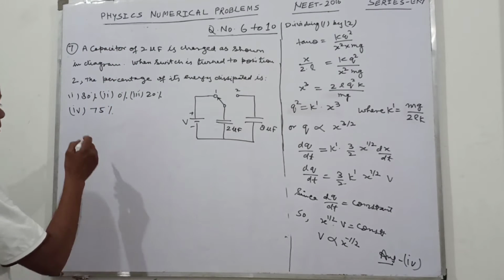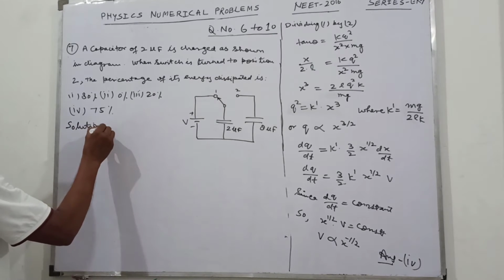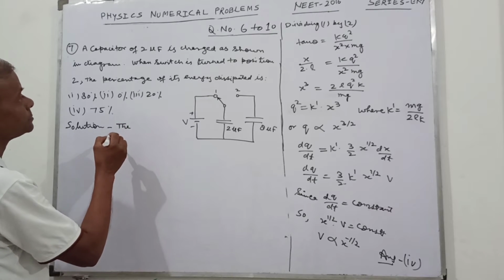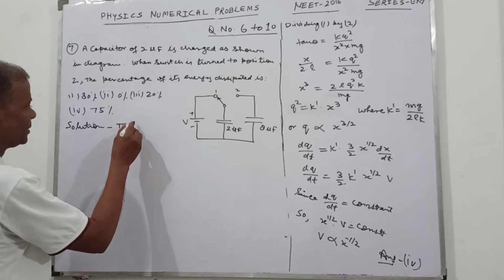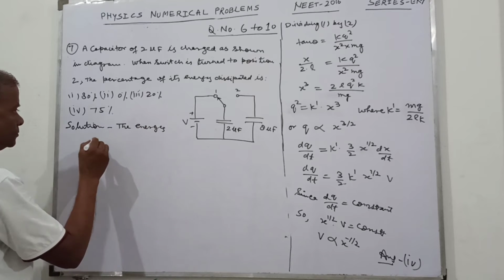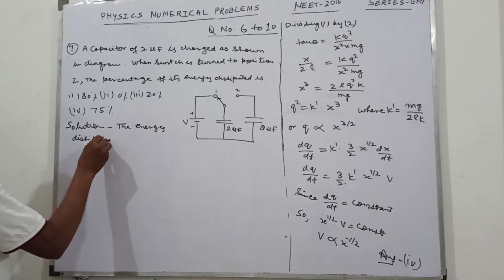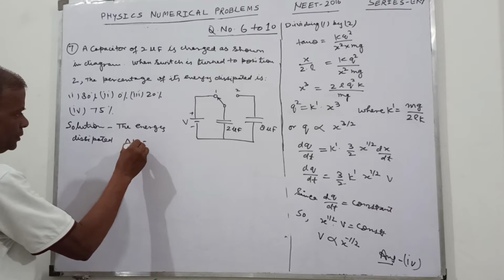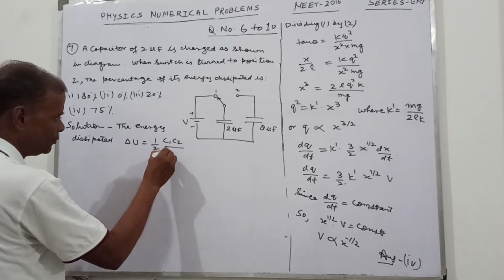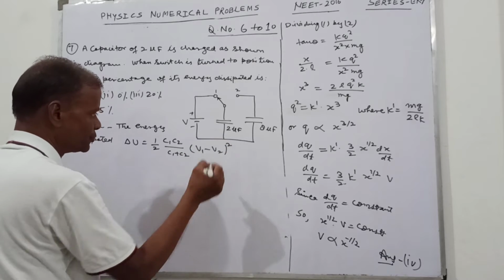So what we have? The energy lost, dissipated, delta U equal to, as per our formula, C1 C2 upon C1 plus C2 into (V1 minus V2) whole square.